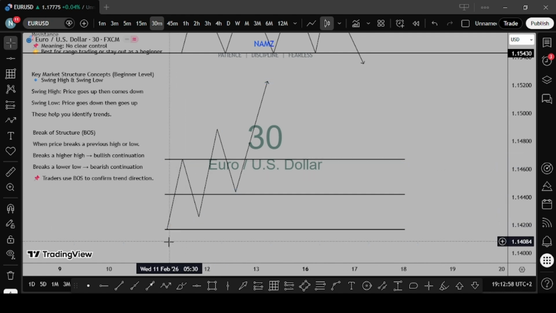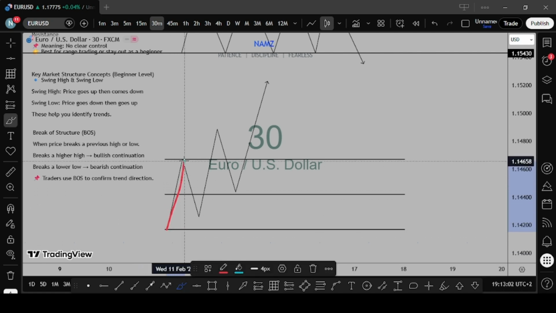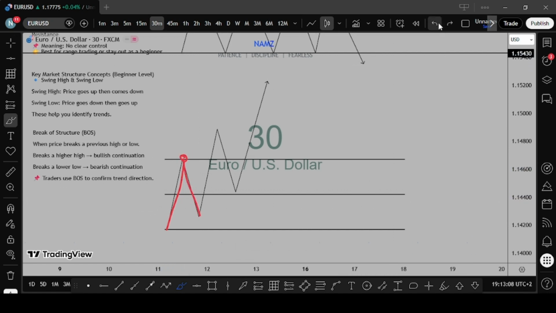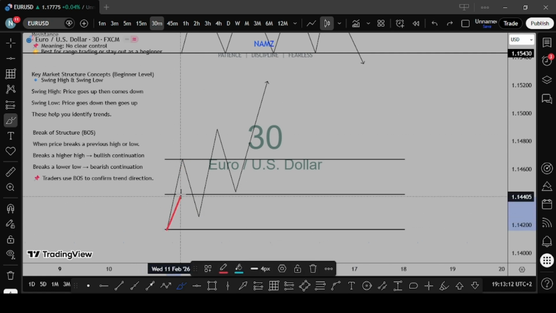So price moves up, creates a high, and then it comes down to create a low. If price moves and it is here, you are not supposed to buy, because it's just like a normal market. Everyone wants to buy when prices are lower.